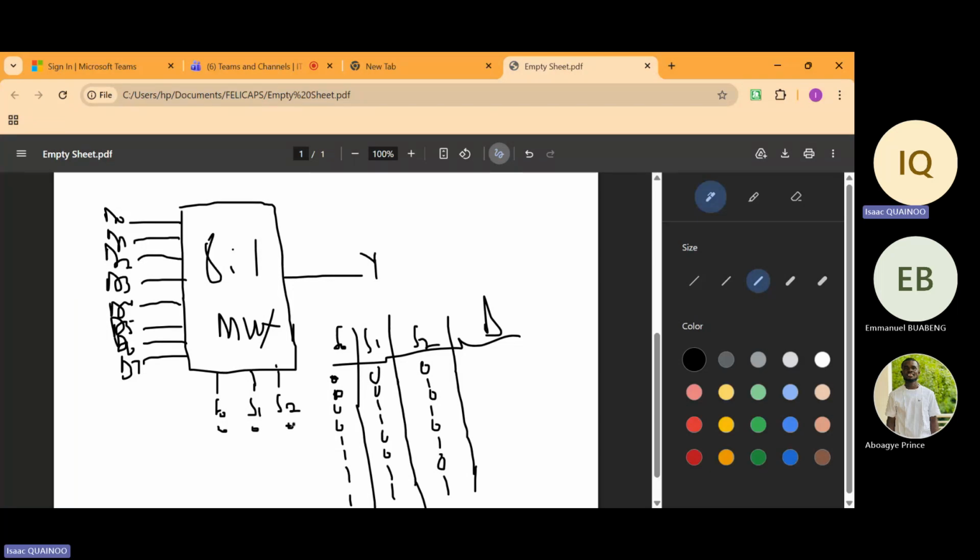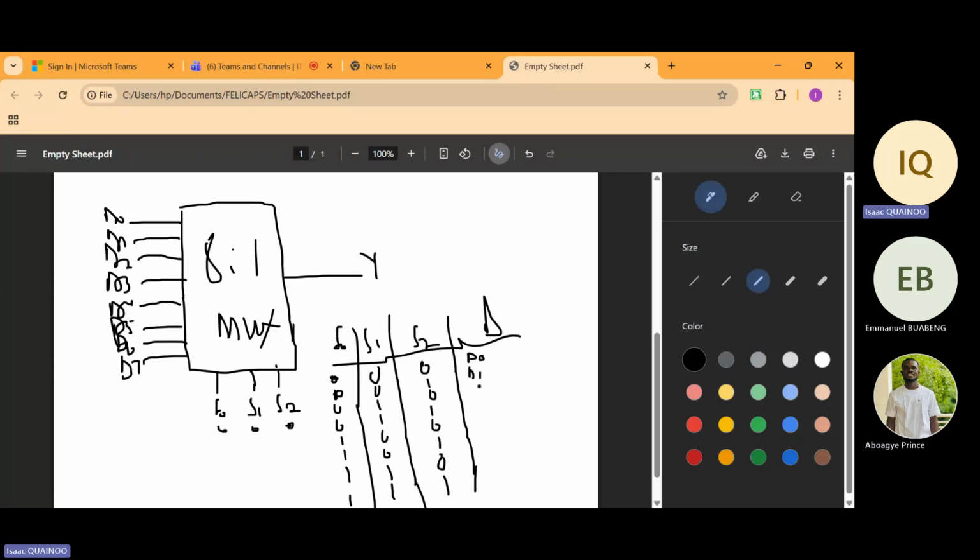So if our first input combination is 0, 0, 0, which data line will be selected? Data line 0. Okay, so we have D0, right? Then 0, 0, 1, which data line will you select? D1.